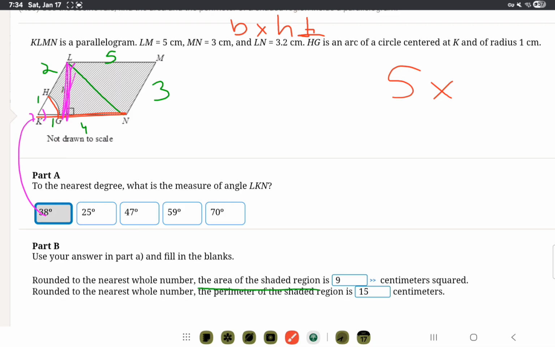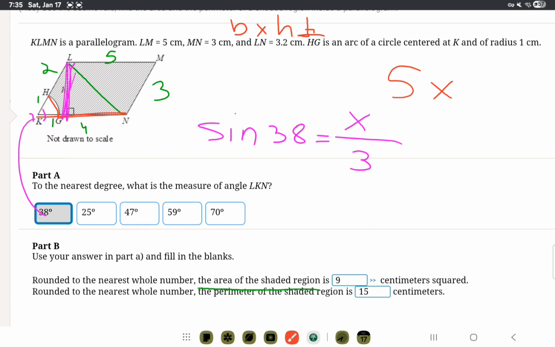So what rule do we have? We want to find the opposite, so I'm going to use sine. Sine 38 is equal to opposite over hypotenuse, which is 3, the whole hypotenuse.